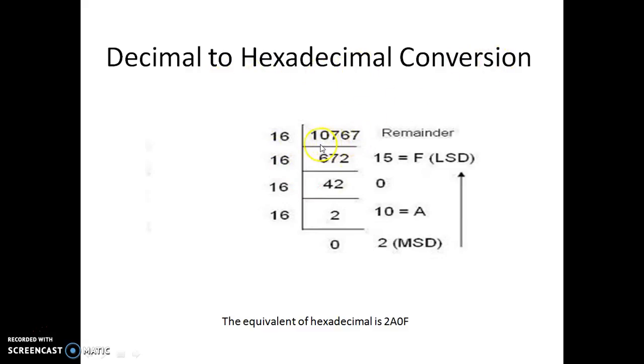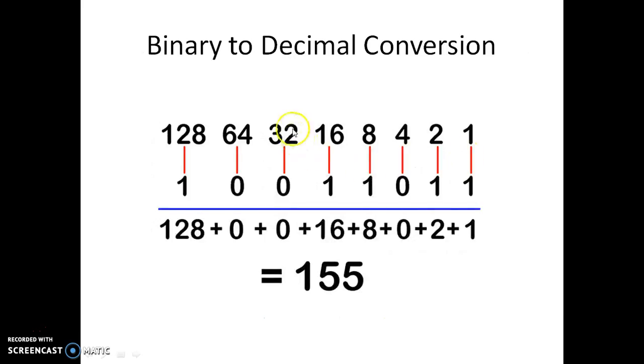So the given number is to be divided by 16, and the remainders we get, from bottom to top, we have to consider as most significant digit to least significant digit. Now next we see binary to decimal conversion. In this, while converting the given binary into decimal, the equivalent weightage is to be multiplied with the corresponding bit.